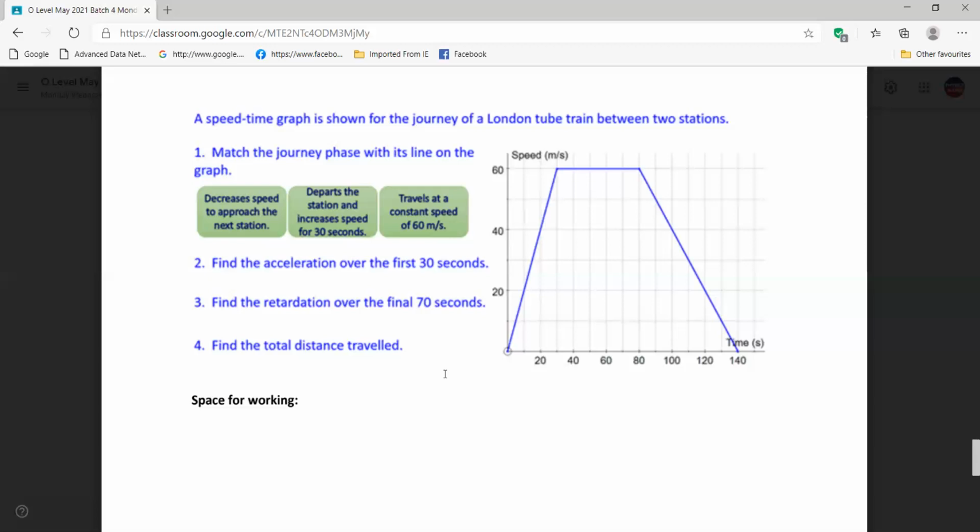How to find the acceleration? What is the formula of acceleration? We can divide the change in velocity by time.